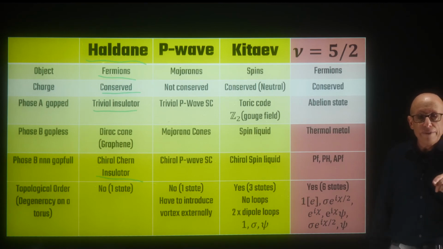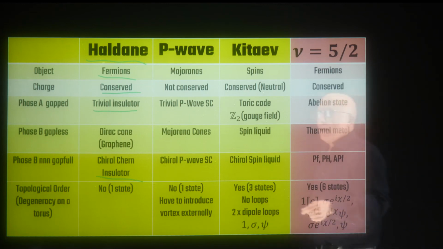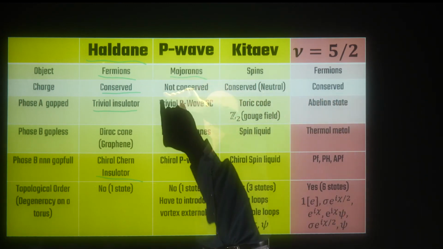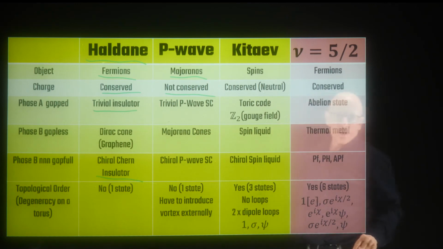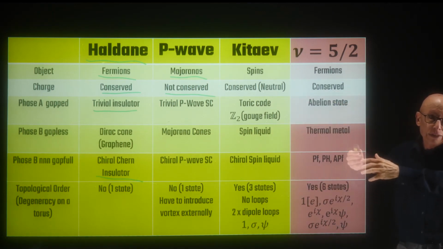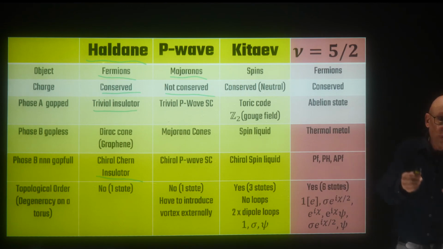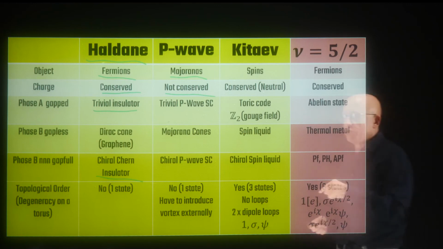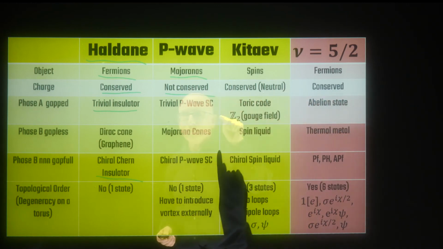Then we made it slightly more complicated by replacing the electrons by Majorana fermions. Once you have Majorana fermions, it means you don't conserve charge anymore, and you went from the realm of Bloch bands to the realm of superconductors. In this particular case, you have 2 phases.